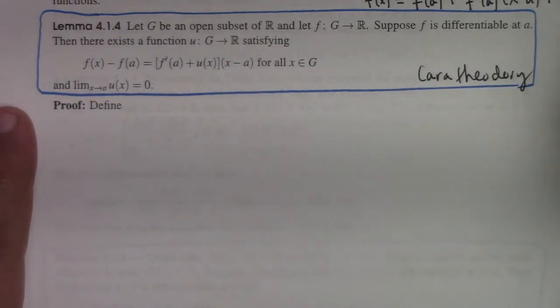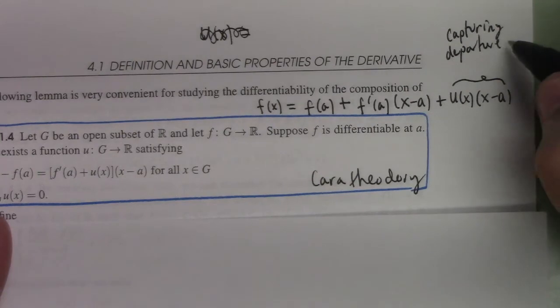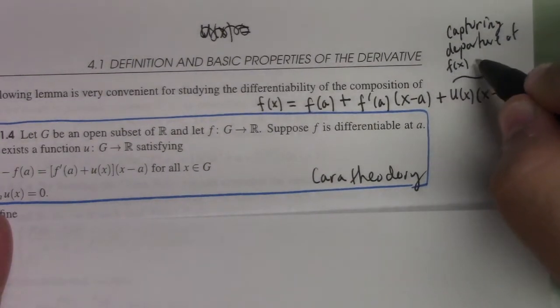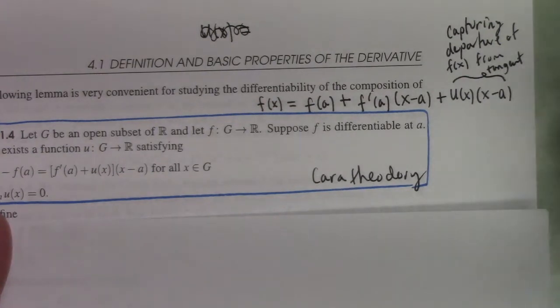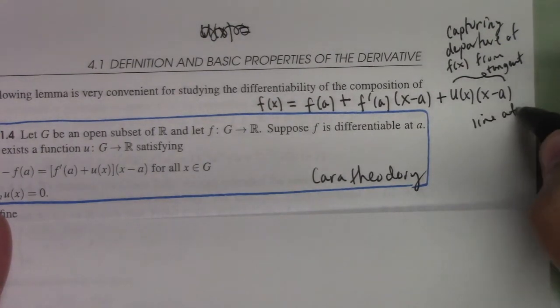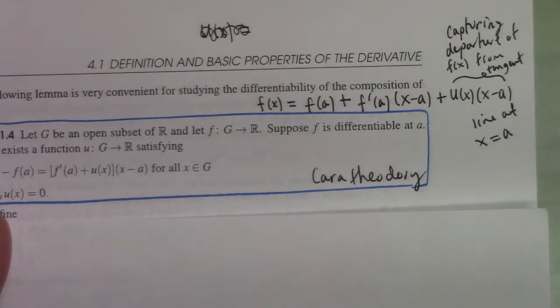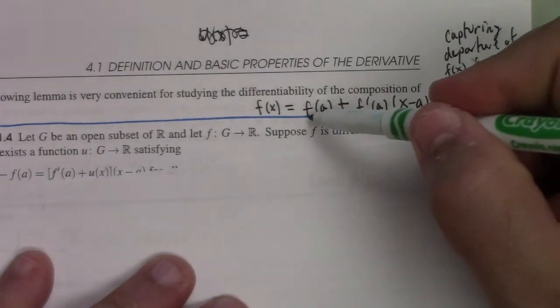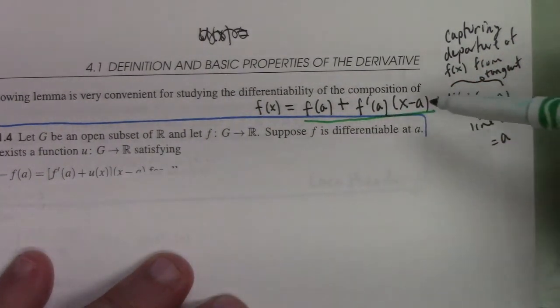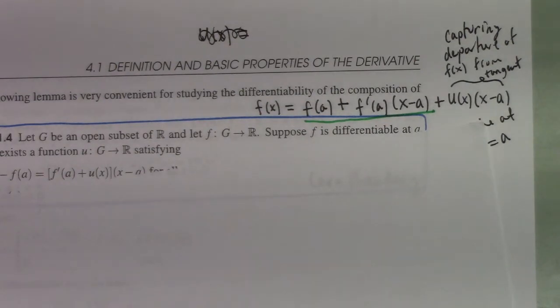So this essentially is capturing the departure of f of x from the tangent line at x equals a, right? The tangent line at x equals a is exactly given by this formula right here. The graph of that is the tangent line.